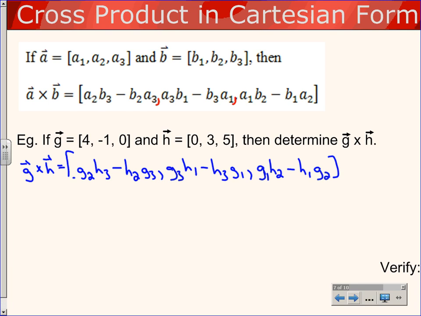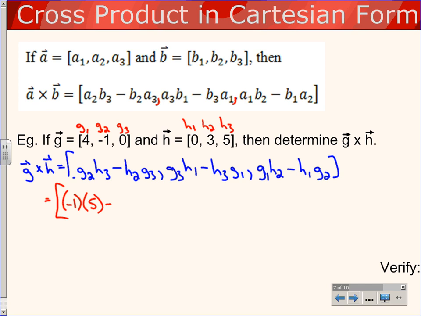From what we had above, let me write this in. G1 was 4, G2, G3, H1, H2, and H3. So we're going to take a shot at making this calculation. This seems like something that I would screw up, so if I do, forgive me. I'm going to do my best. G2 is minus 1 times H3, which is 5.